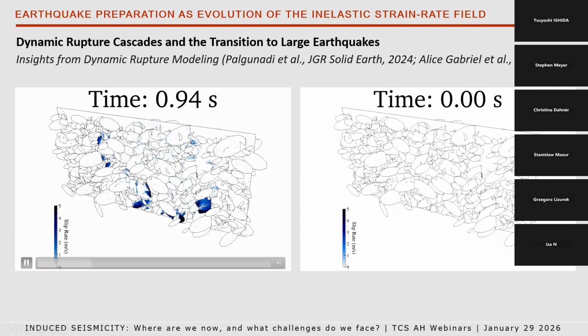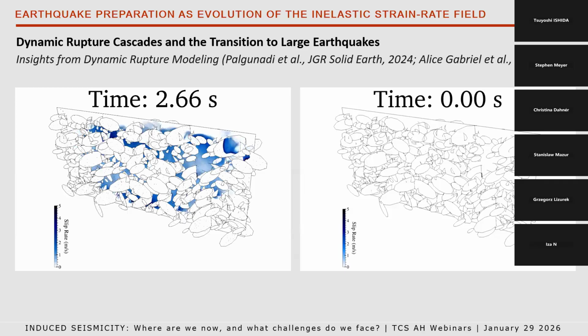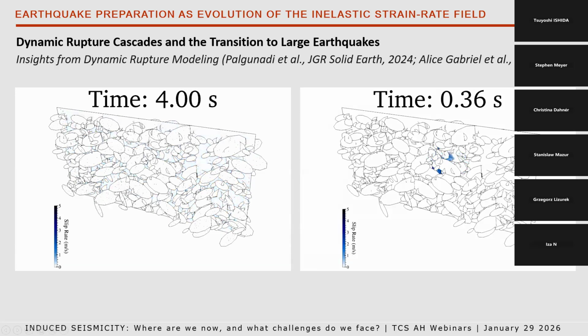The first case is a fault embedded in smaller fractures, a network of fractures, and ruptures on the smaller networks also trigger a big fault. The second case is different: ruptures in fracture networks do not trigger a big earthquake rupture on the main fault.